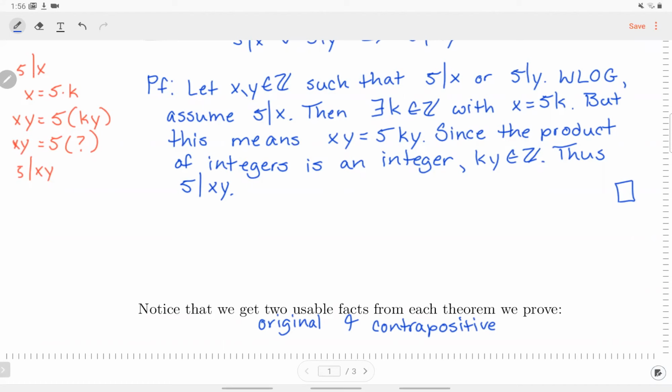So we've proven that if A and B are even, then their sum is even. That means technically we've shown that if the sum is odd, then at least one of A and B is odd. Because we've shown the contrapositive, we get the contrapositive for free once we've shown something.